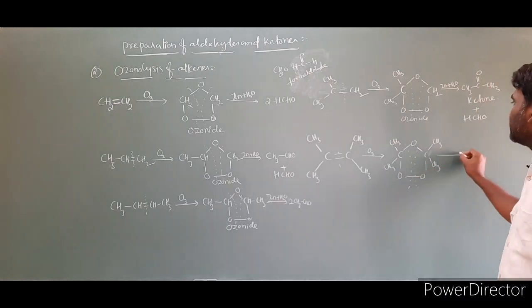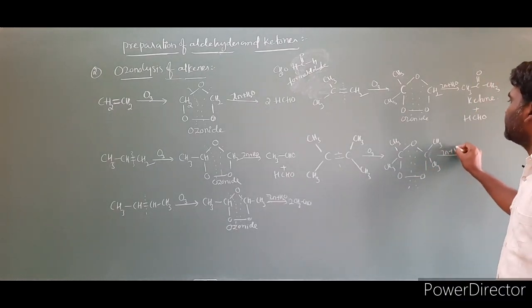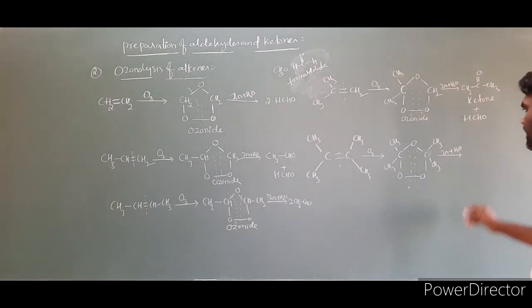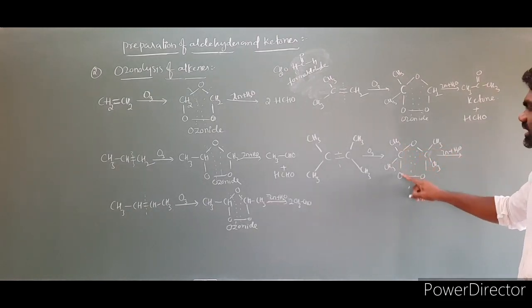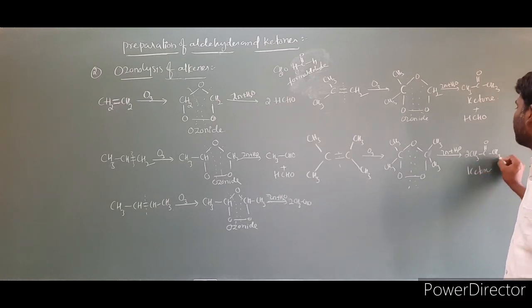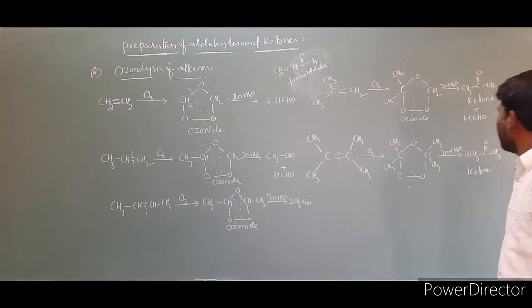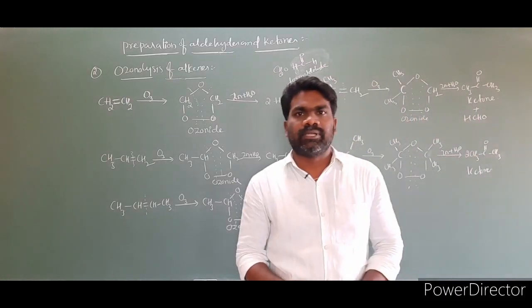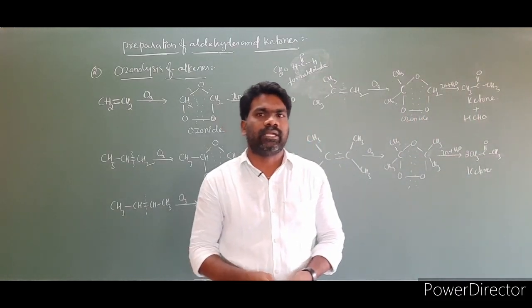Then the reagent is Zn plus H2O. The product is CH3COCH3, so two molecules of CH3-C=O-CH3. This is nothing but a ketone formed. So this is the method to prepare both aldehydes and ketones.